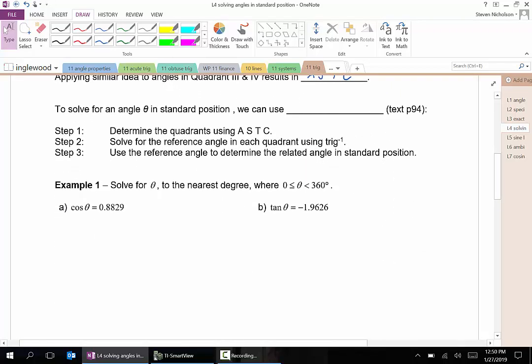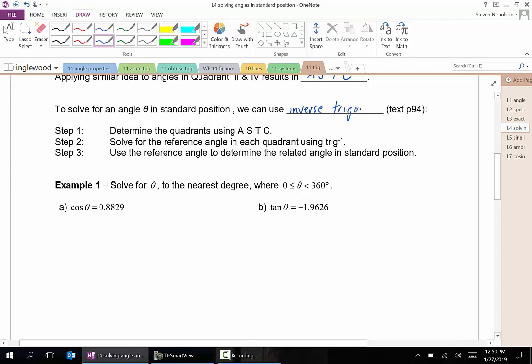Now, in going ahead and doing what we're going to do today, it's very important that you draw a picture. You locate the triangle and you locate the reference angle, and then you have the reference triangle. So in order to solve for the angle, we're going to use something called inverse trigonometry.